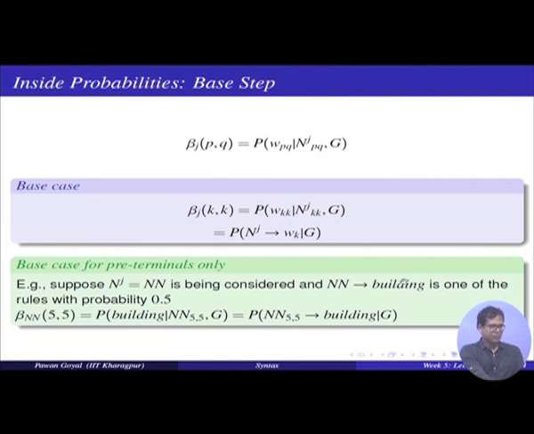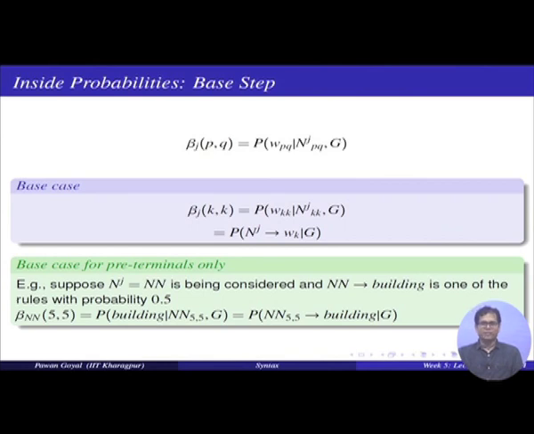This is the fifth word. So, I am computing beta for 5 5, and suppose I take N j equal to NN, the particular non-terminal that derives this word. I can compute beta NN 5 5 as the probability with which the non-terminal NN can derive this word "building", and this is easily given by my grammar. So, this is my base case.